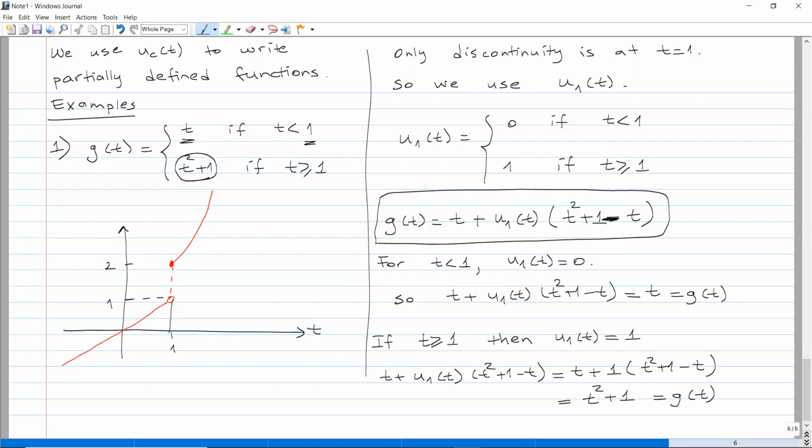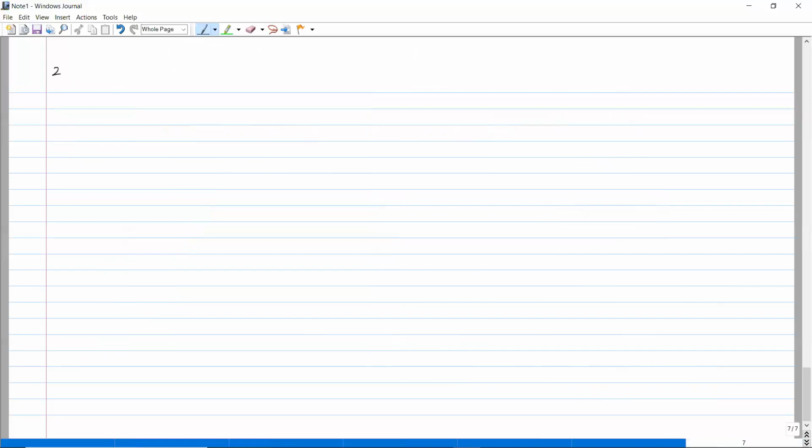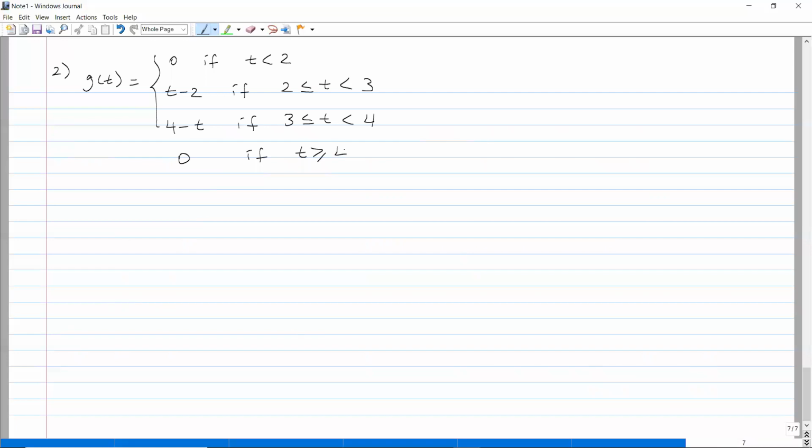Now, similarly, as another example, if my function g has more discontinuities, say 0 if t is less than 2, t minus 2 if t is between 2 and 3, 4 minus t if t is between 3 and 4, and 0 again if t is greater than or equal to 4.